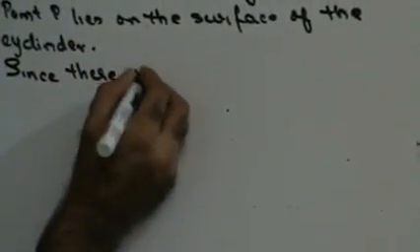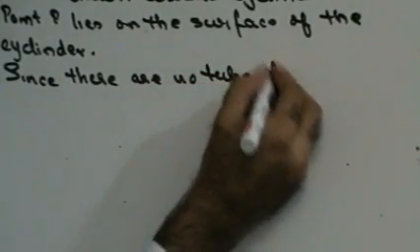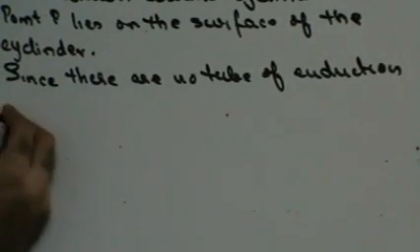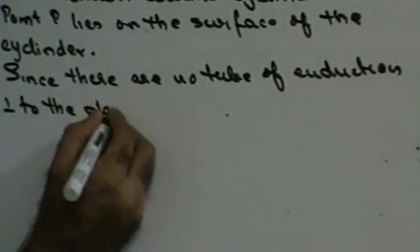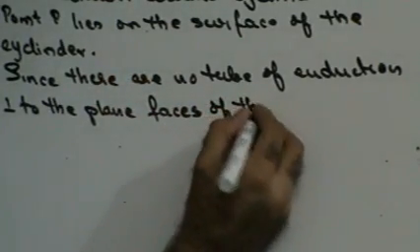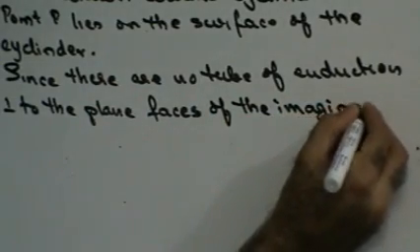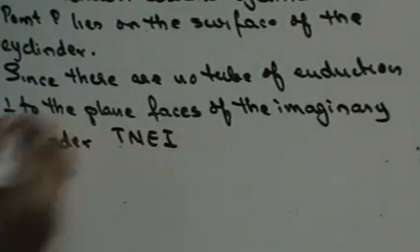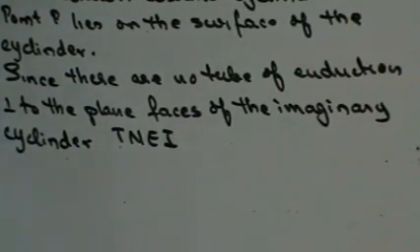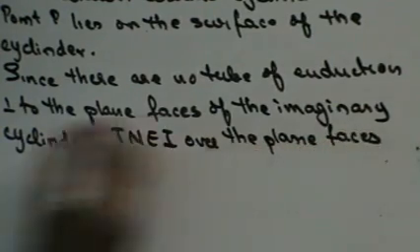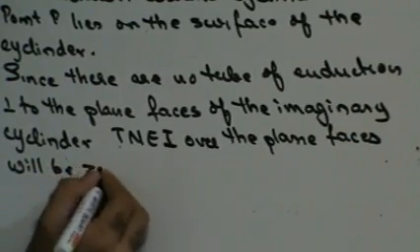So I can say that since there are no tubes of induction perpendicular to the plane faces of the imaginary cylinder, the total normal electric induction over the plane faces will be zero, right?